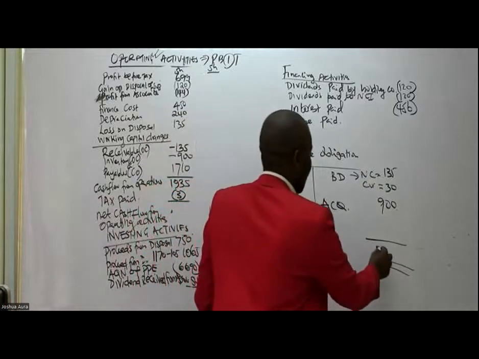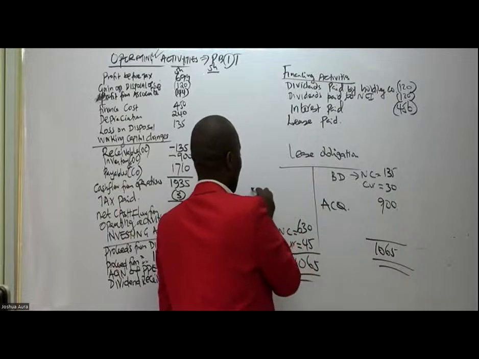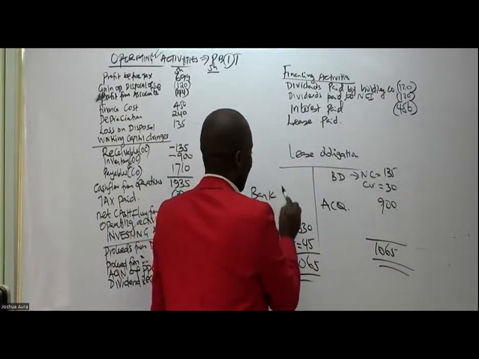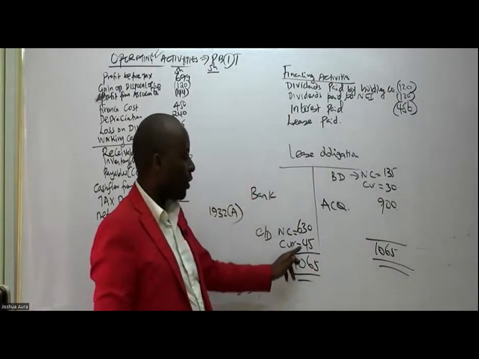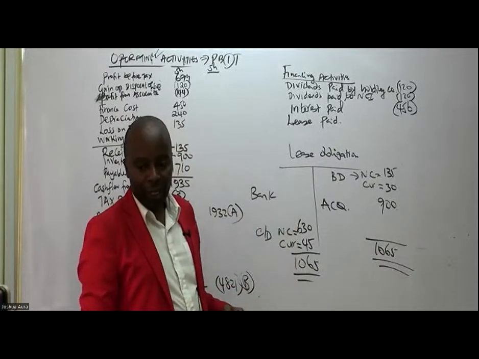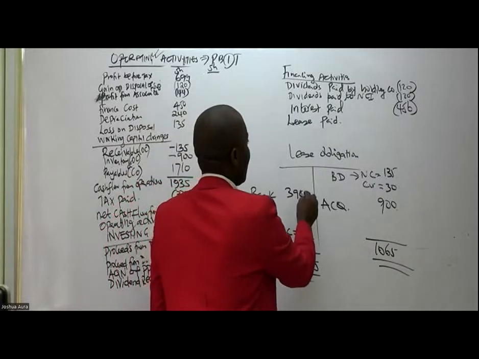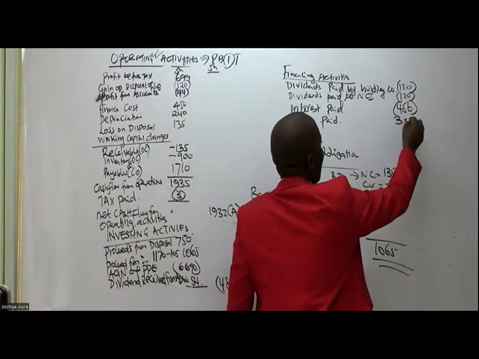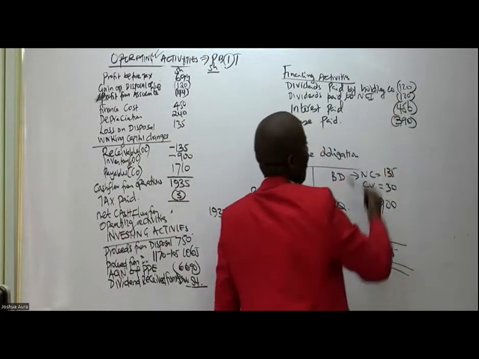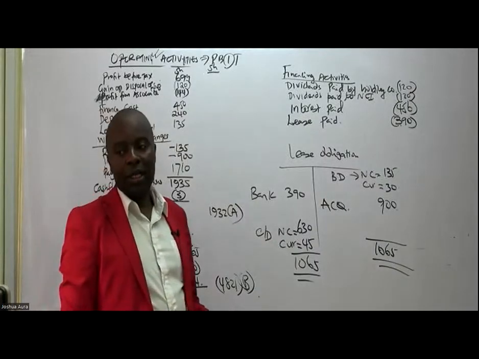So you're telling me that here we have 1065. Could you kindly give me the balancing figure, which will be 1065 minus 45 minus 630? What figure are we getting here? 390. So the lease that we paid is 390. We paid 390 as our lease in the period.